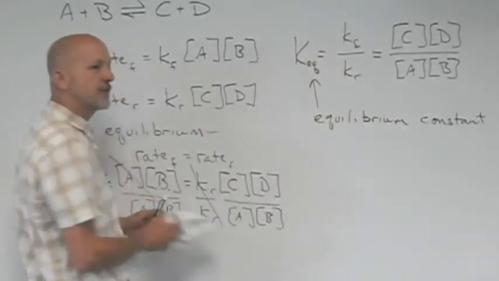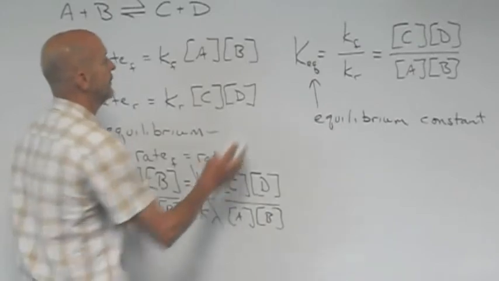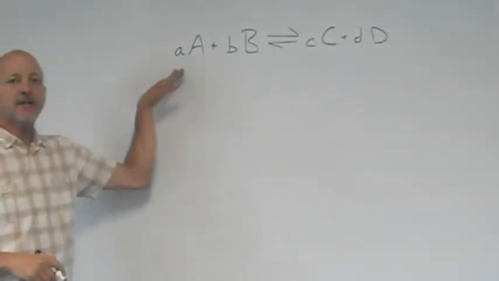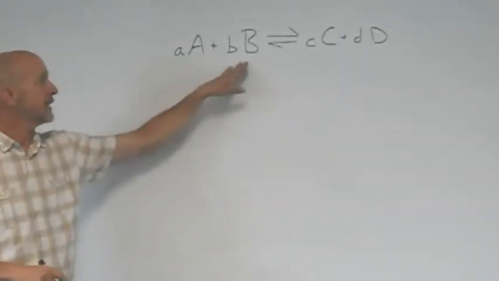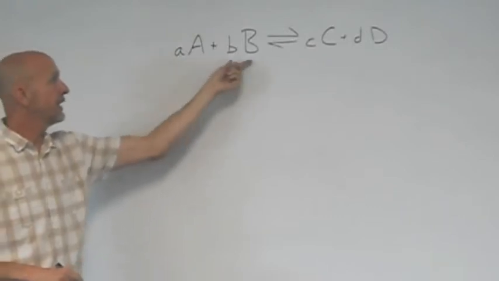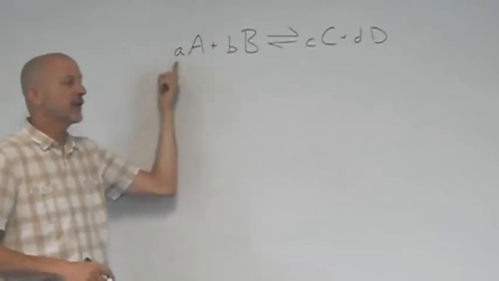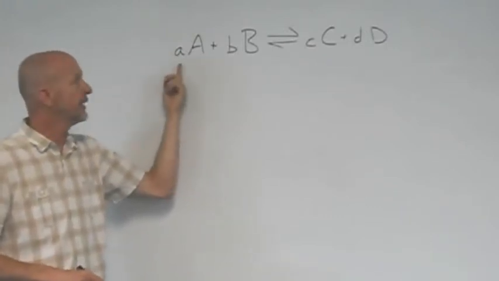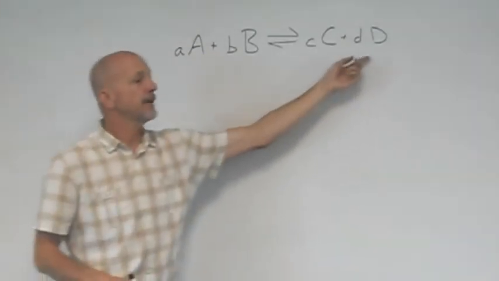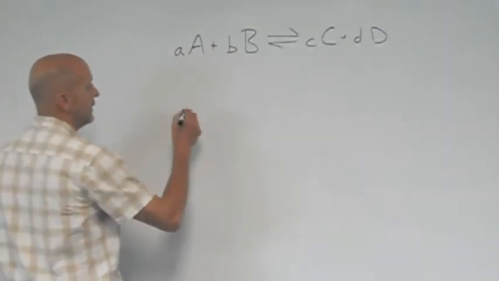In fact, there's a general expression for the equilibrium constant. I'm going to take any reaction. This applies to all reactions for equilibrium. I'm going to take now, instead of a coefficient of 1, any coefficient. It could be 1 or anything else. Now they have various coefficients.